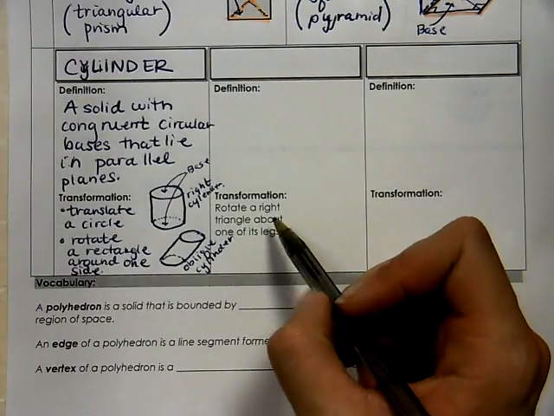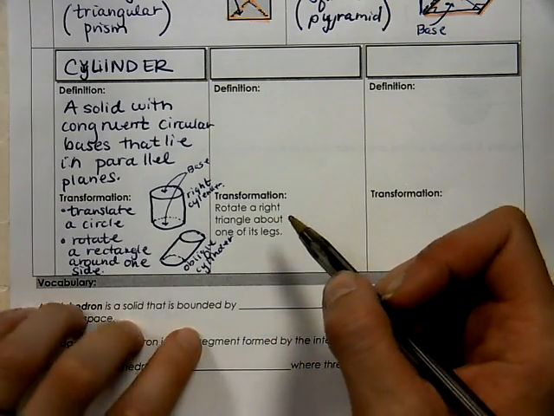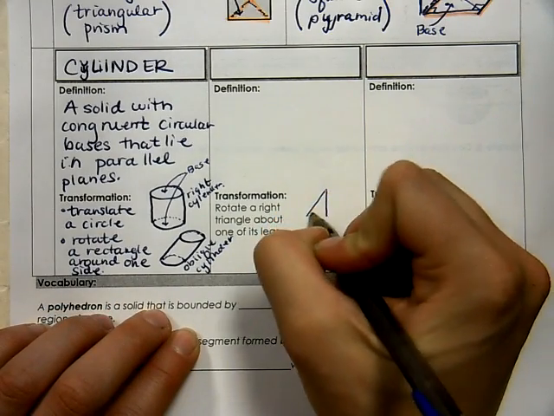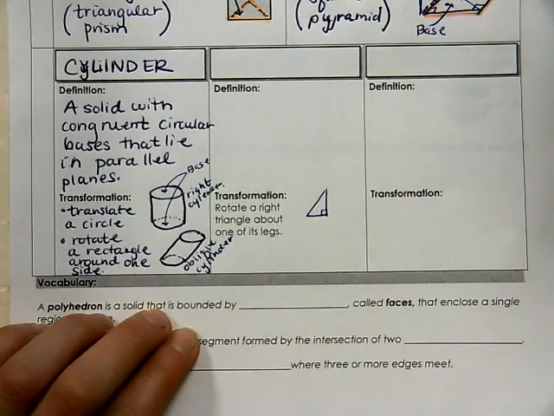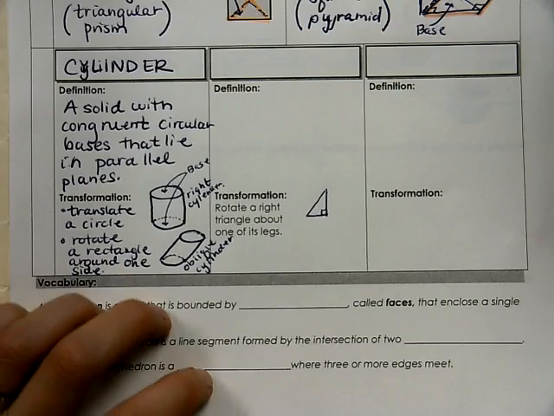Moving on here, if I rotate a right triangle about one of its legs, let's picture what that looks like. If you have a right triangle, and I rotate about one of its legs, let's rotate about this leg right here. Picture what you would get.